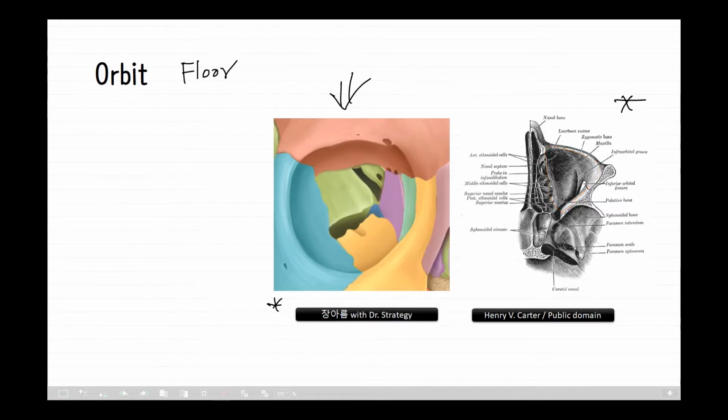The floor of the orbit is mostly formed by the orbital plate of the maxilla, which articulates with the zygomatic bone anterolaterally, and the small triangular orbital process of the palatine bone posteromedially.